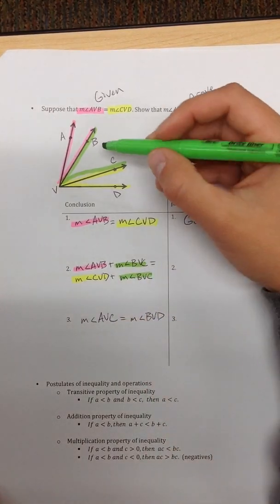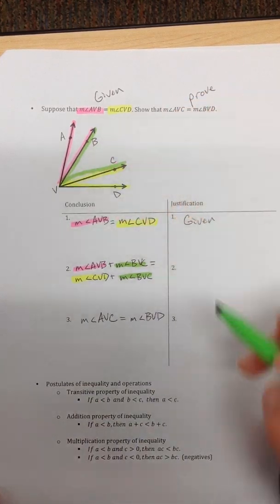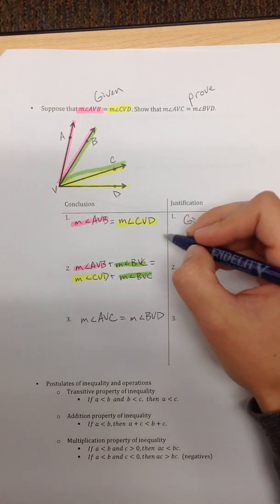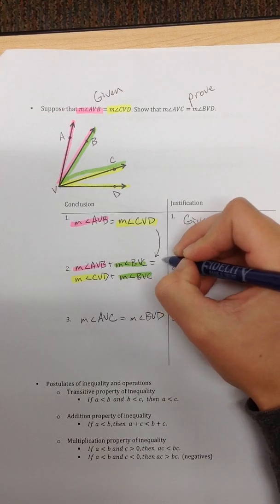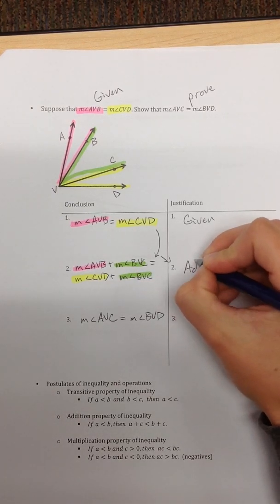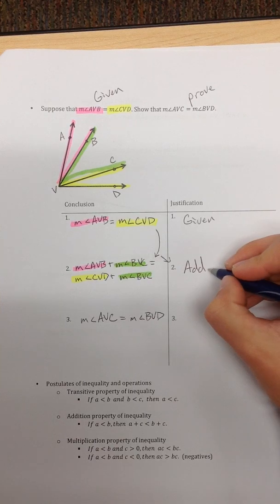If we take the green and the yellow, that's going to give us our bigger angle here. So if I'm looking at my steps, to go from this step to this step, that's how I'm going to get my justification for the second one. I'm adding the same angle to both sides, and that's the same addition property we had before, adding the same thing to both sides.